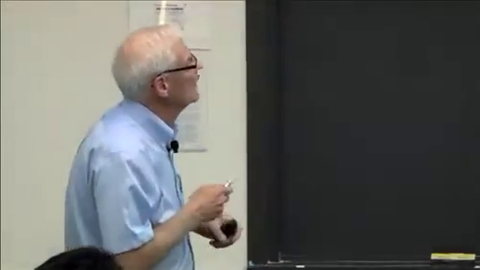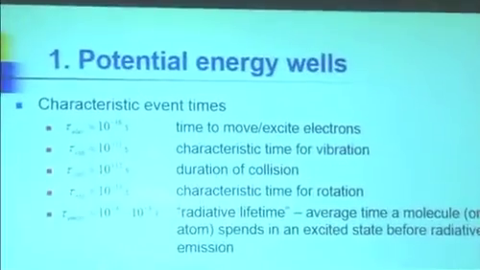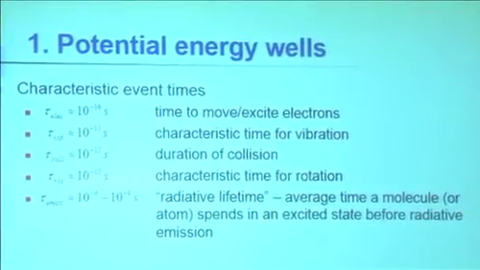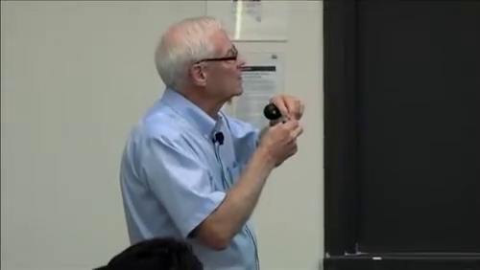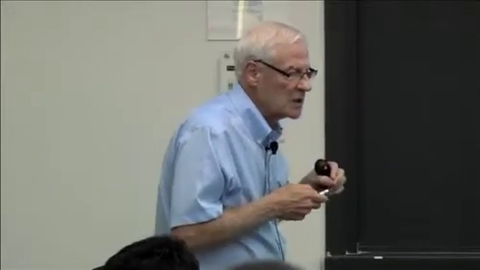That's all it's for. Meanwhile, the time for an electron to move from one orbit to another is 10 to the minus 16 seconds. What you see is that that time is shorter than everything else in this problem. So it's a good approximation when you're worried about an optical transition from one electronic state to another, absorption of a photon, to say that the molecule hasn't moved during that time.